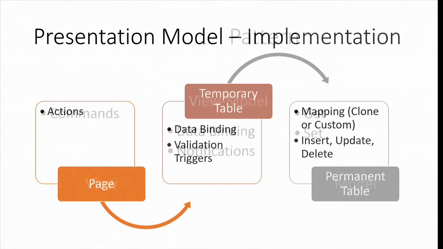If we carry the same analogy to NAV, the model in this case is a table already stored in the NAV database, against which you can insert, update, delete, all the kinds of actions you want to do. And the view in this case is a page with actions and fields and so forth. The layer in between is a temporary table that represents a subset of the actual data. It's temporary, it's held in memory, it can be used and freed later.